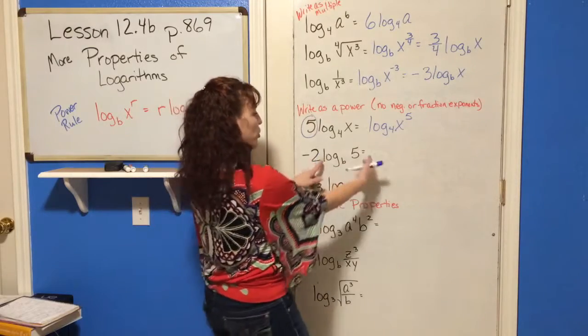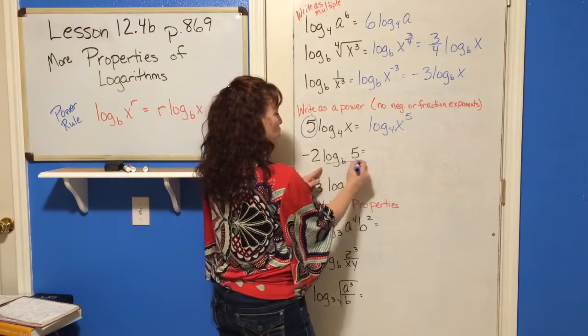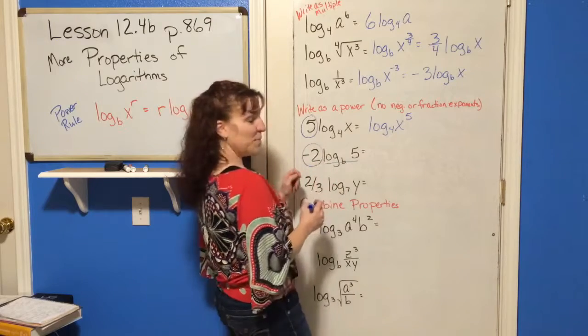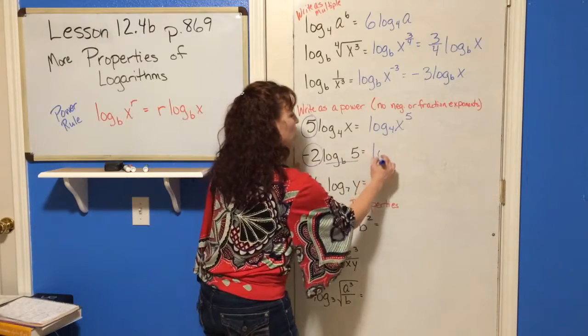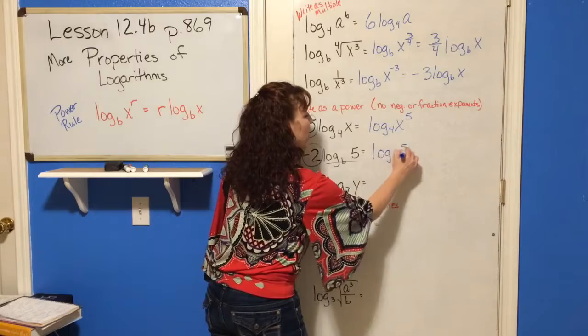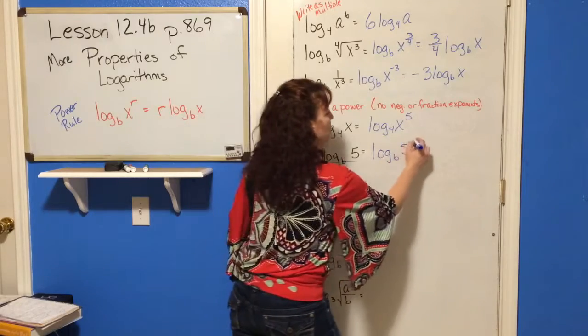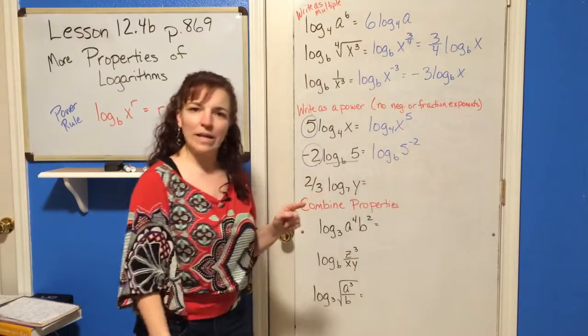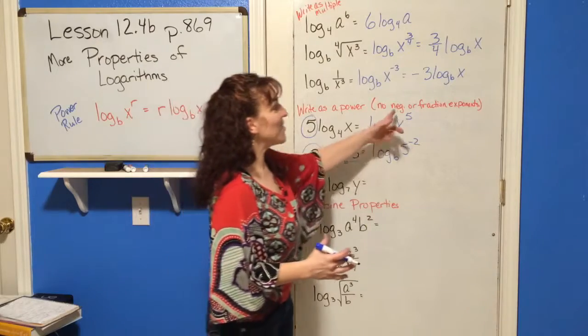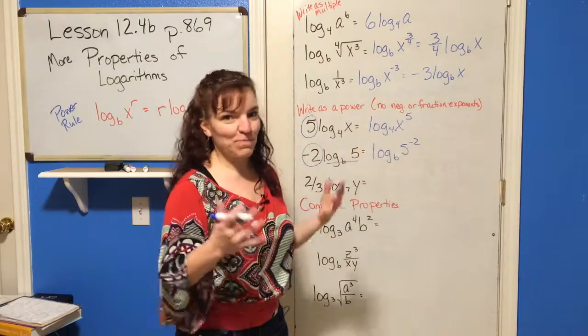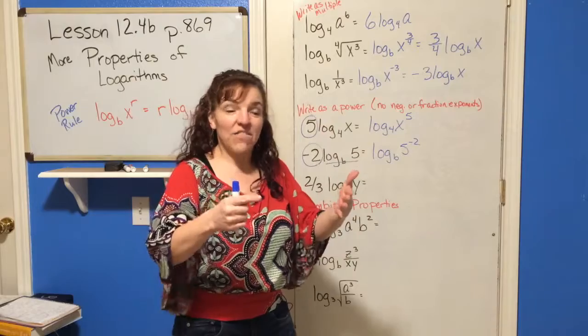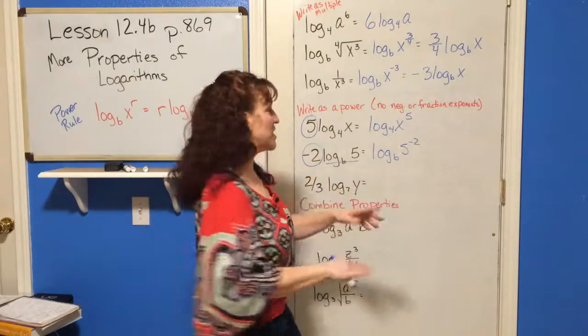Same thing here. You look for what's in front of the log. All of this is going to stay the same, and this becomes your power. So log base b of 5 to the -2 power. Oh, but wait a minute. I said you can't have a negative exponent. So you know what to do. A negative exponent, remember, flips down into the denominator.